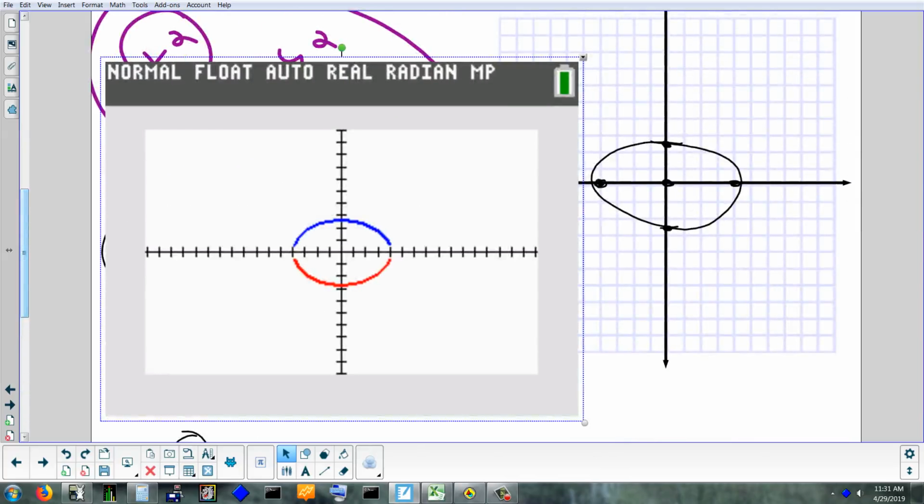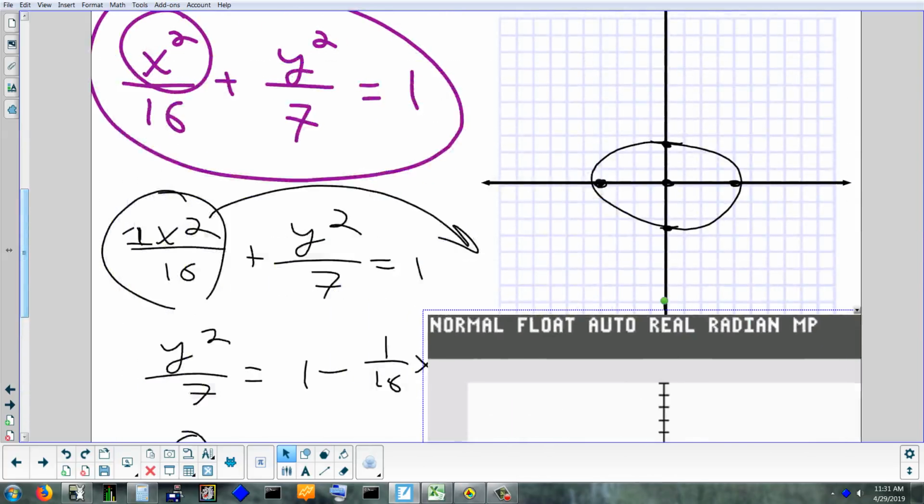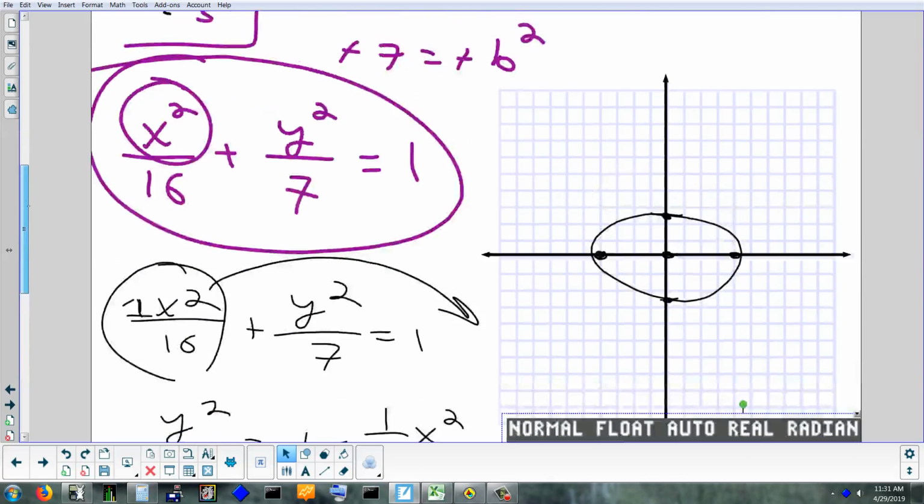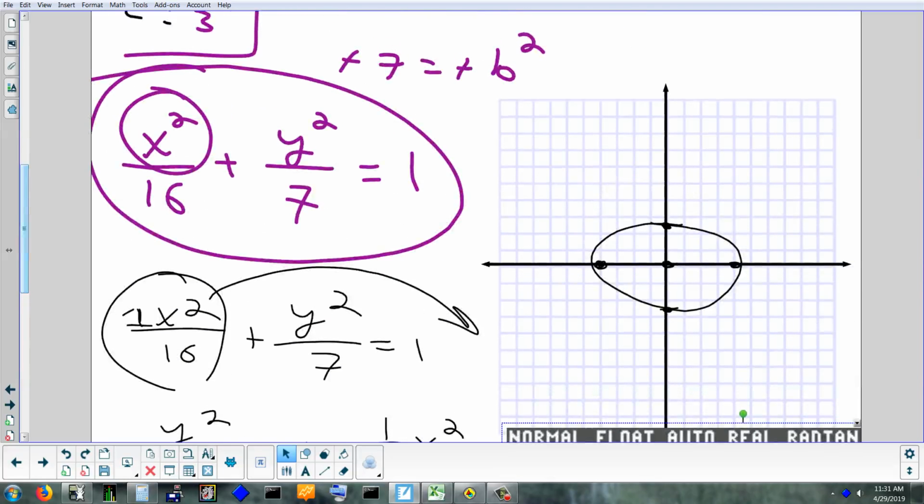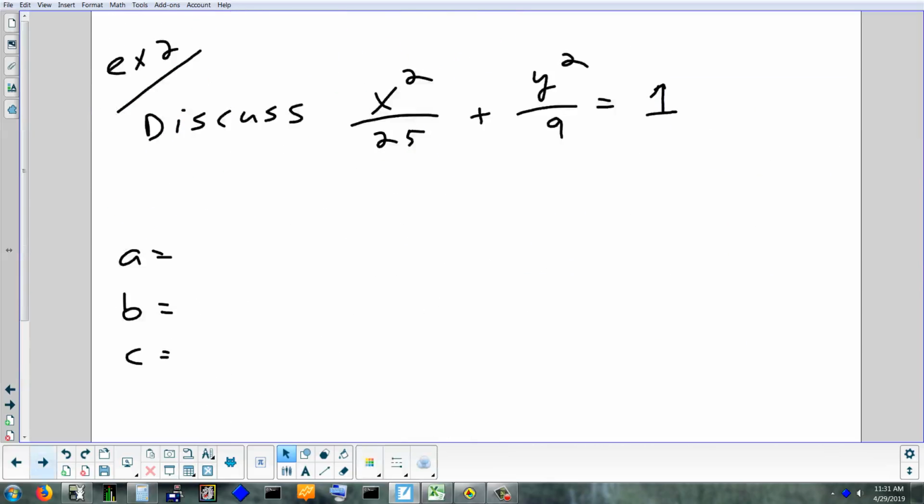That's the only time I'm going to use the calculator today. So any questions on the sketch by hand or equation? All right. Let's try this one. Okay, this is the reverse of what you just did.